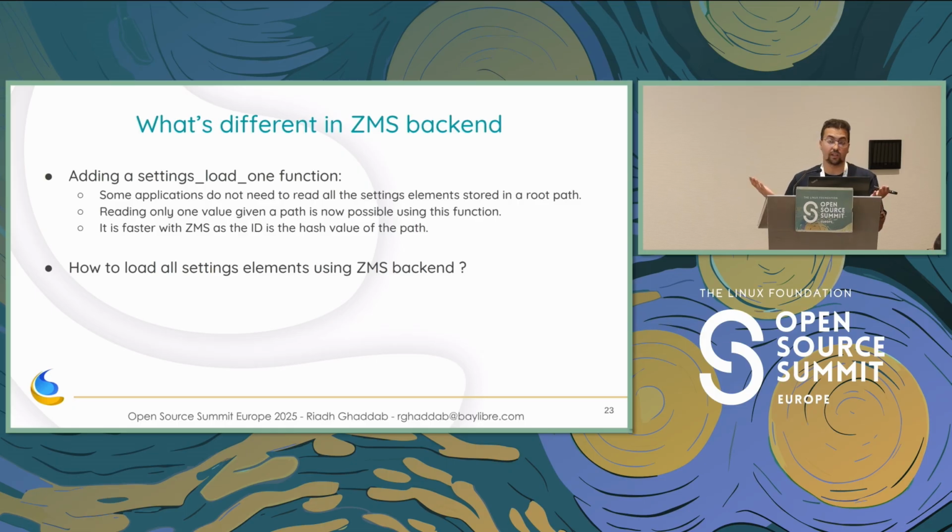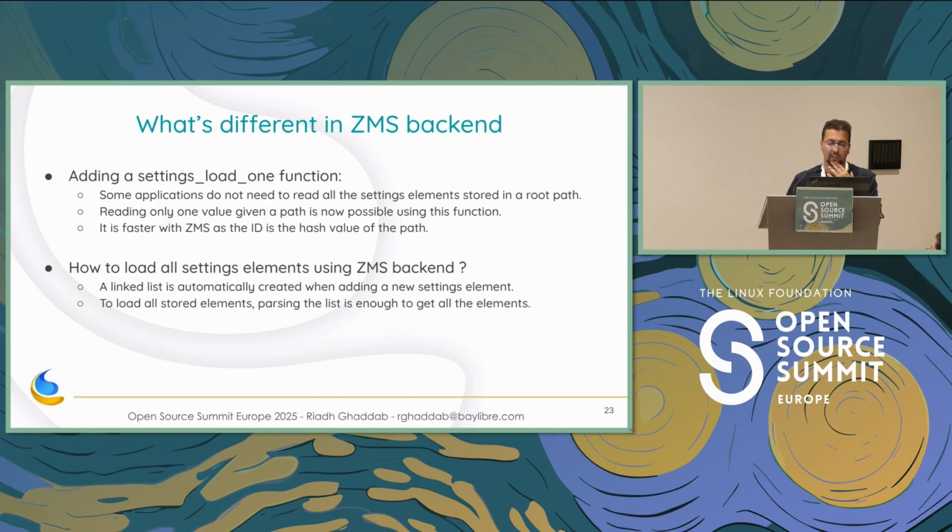We don't have incremental IDs, we have hashes, and hashes are variable, different from one another. So we added a linked list that maintains the link between all the hashes. To load all the stored elements, we parse the linked list to get all the elements.